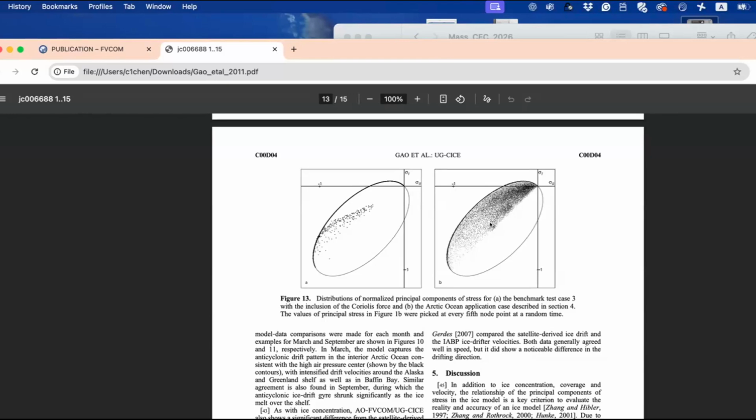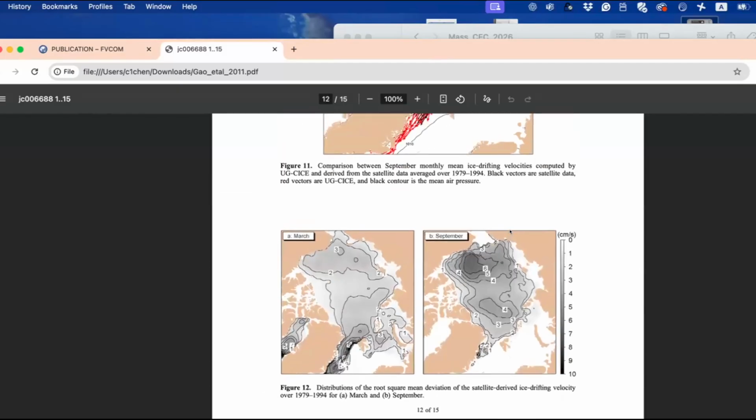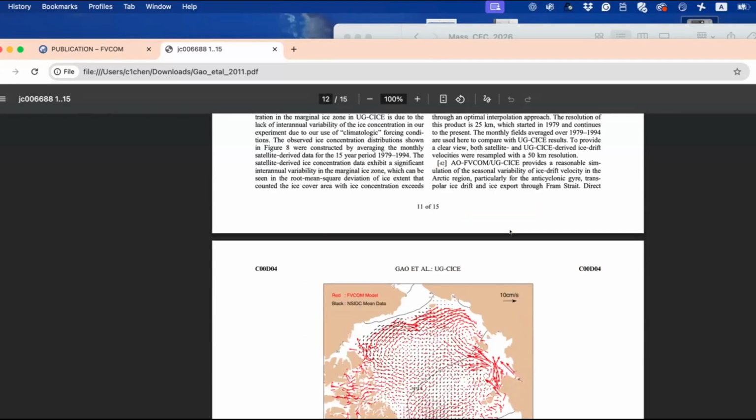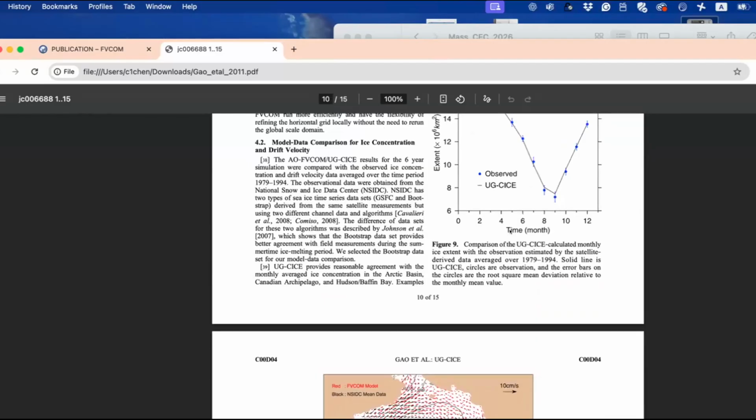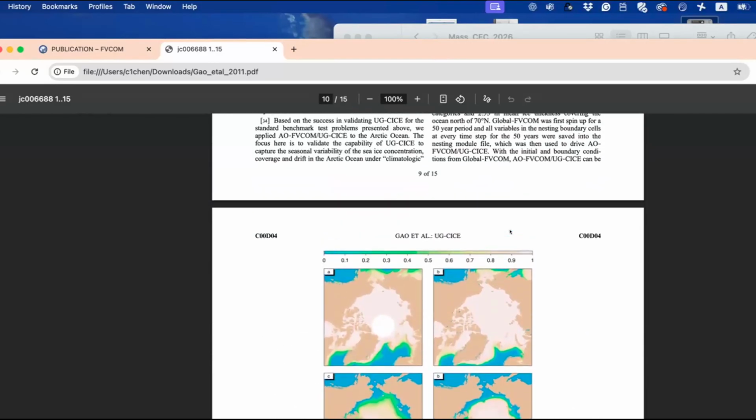I had a movie to show you how the ice changes, but it's not here. You can see how this model is embedded. But embedding doesn't change the dynamics; embedded just means you have ice in the water.